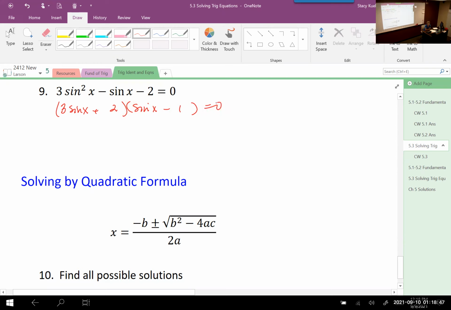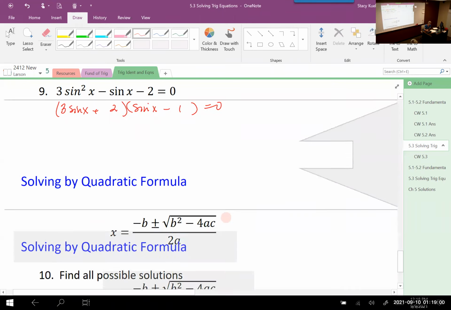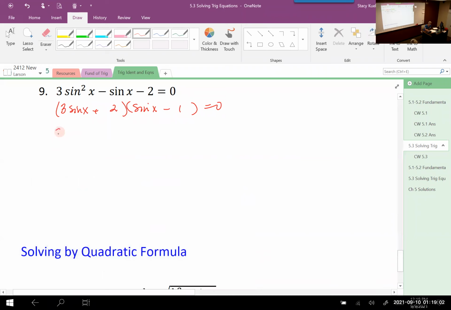And it was set equal to 0. So trial and error tells me that that was quick, right? Okay, now let's go in and solve this. 3 sine x plus 2 is equal to 0.